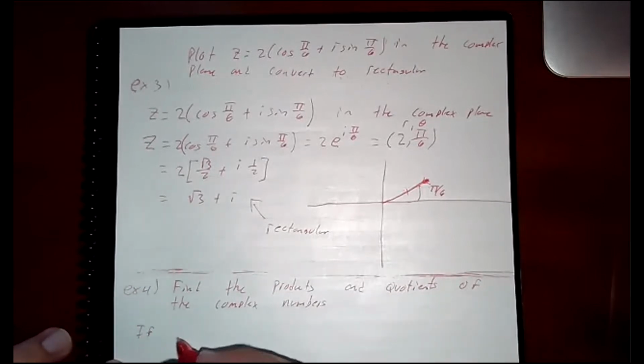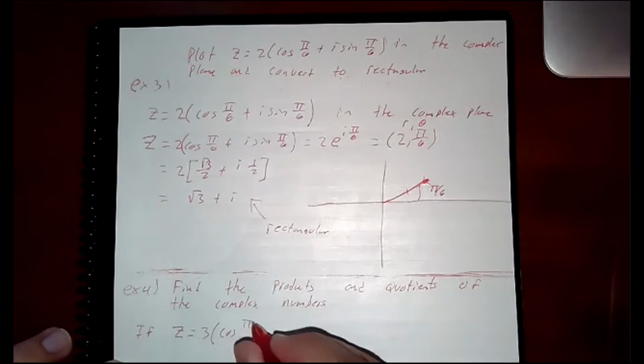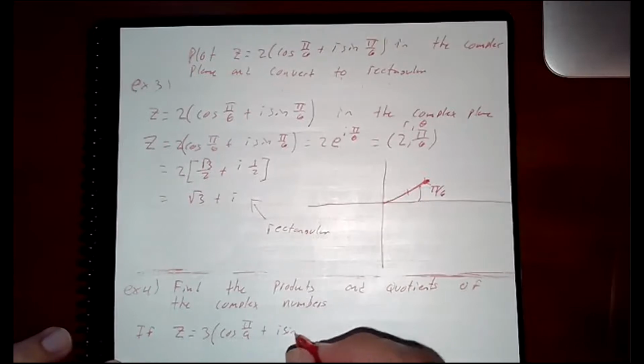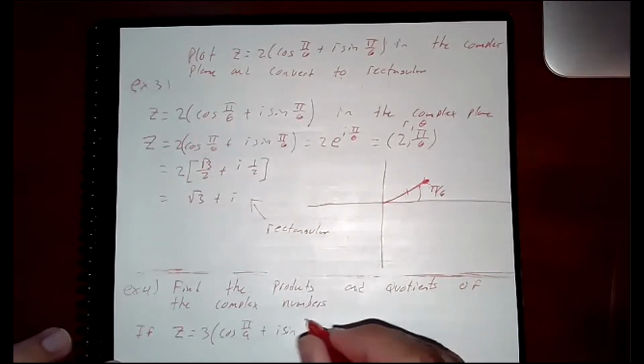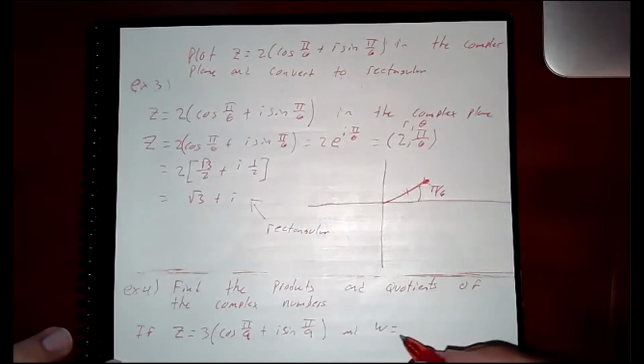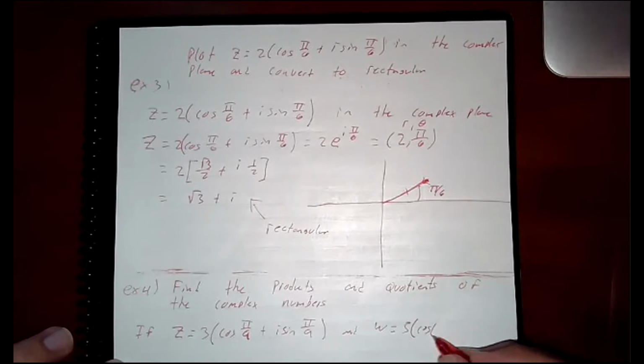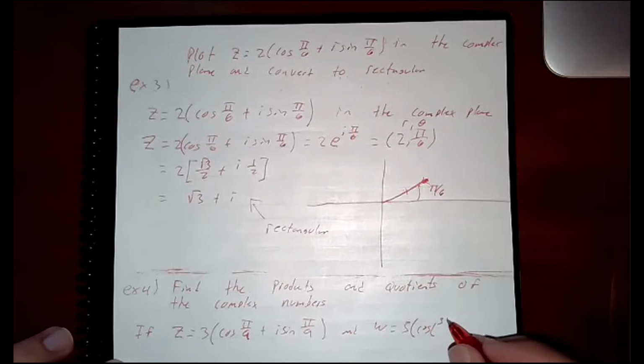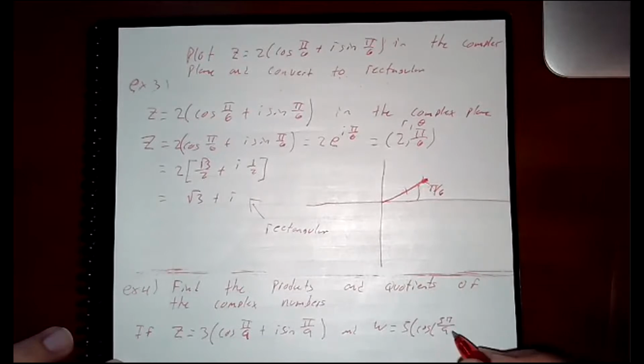So if z is equal to 3 times cosine of pi over 9 plus i sine pi over 9, and w is equal to 5 cosine of 5 pi over 9.